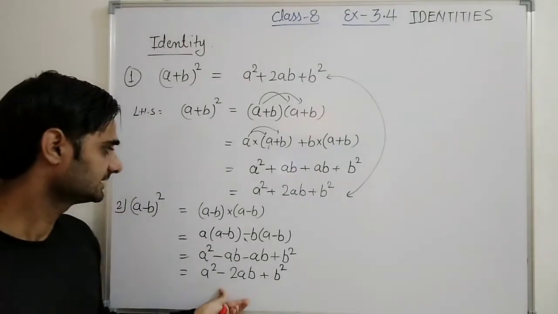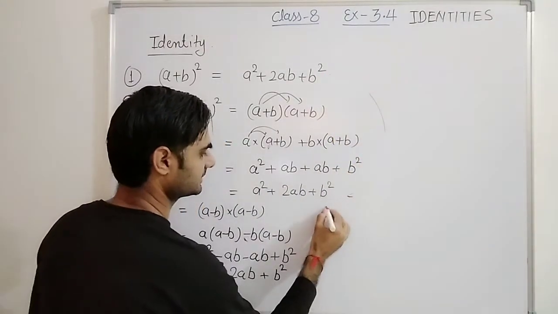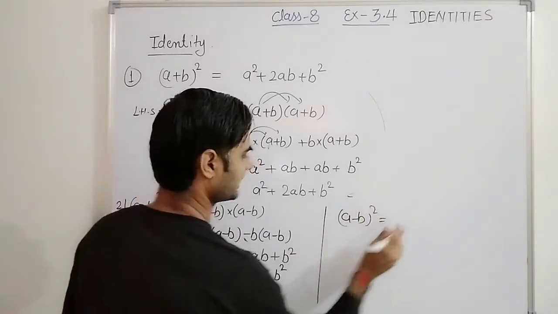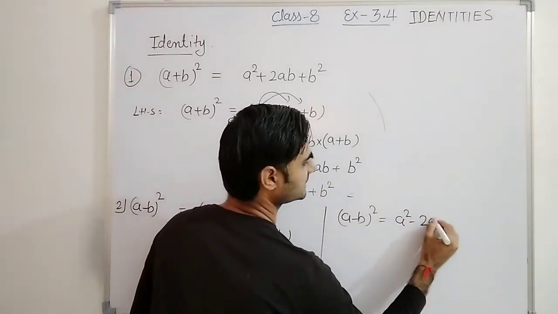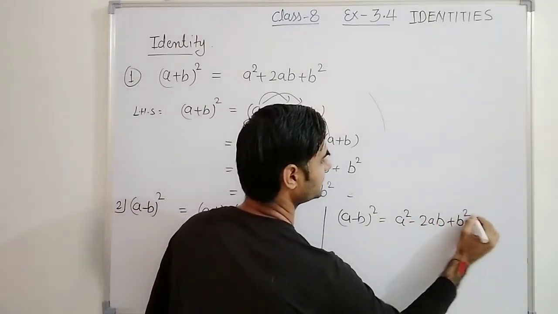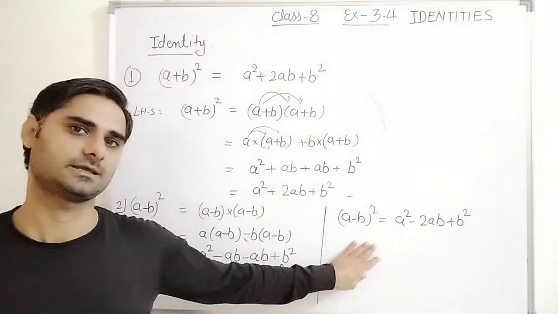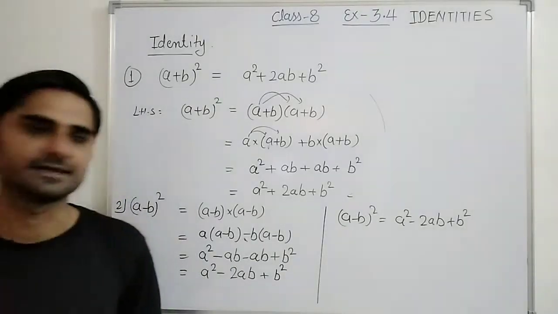It means the identity we have, like I have written here, (a minus b) whole square is equal to a square minus 2ab plus b square. This is your number 2 identity, second identity. Got it?